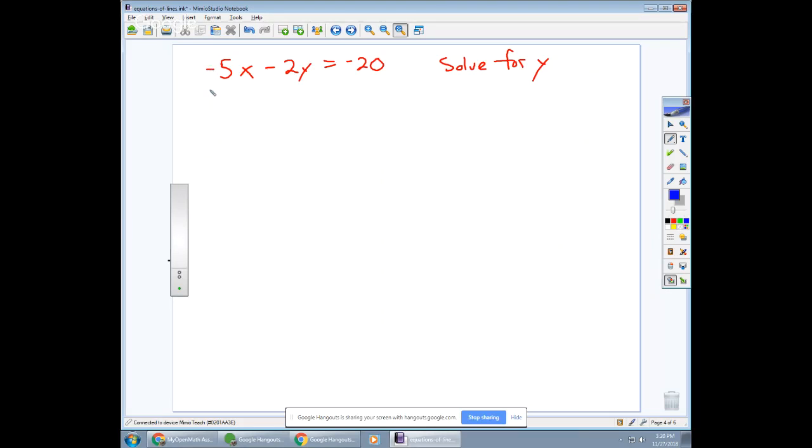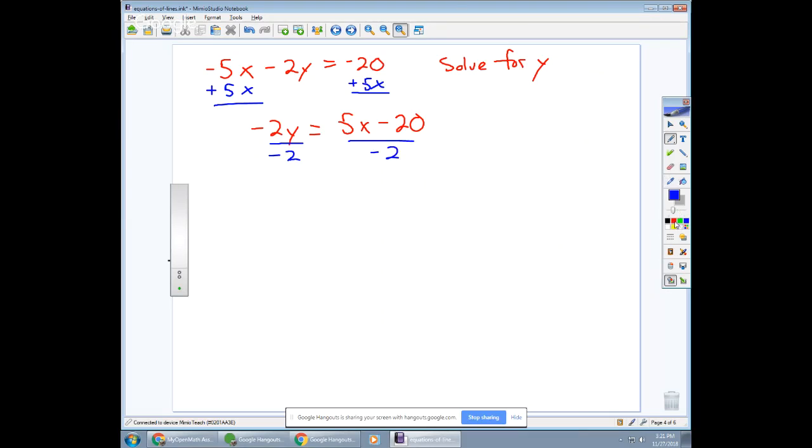That's a positive, so I'm going to add 5x to the other side. That's going to leave a negative 2y behind, and I'm going to write it in the order 5x first, then minus 20 second. Those aren't like terms, so I can't do anything more than put them next to each other. Next, we're going to divide both sides by negative 2.